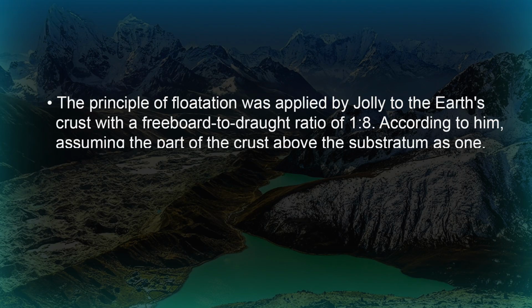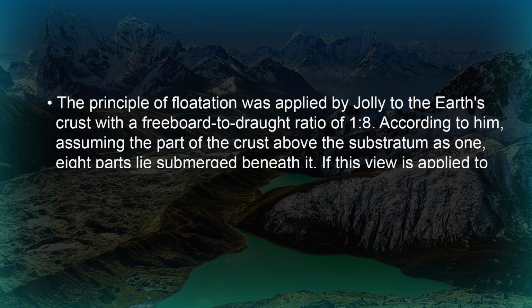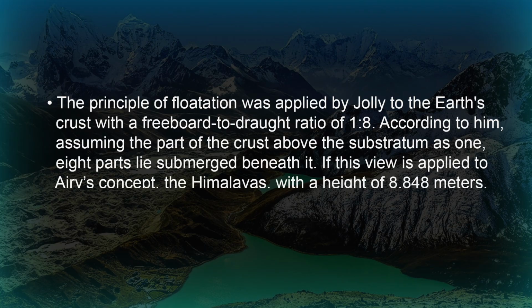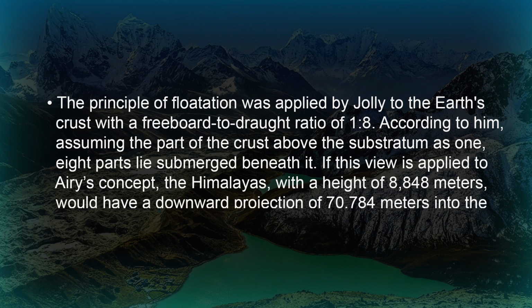According to him, assuming the part of the crust above the substratum as 1, 8 parts lie submerged beneath it. If this view is applied to Airy's concept, the Himalayas with a height of 8,848 meters would have a downward projection of 70,784 meters into the denser substratum.